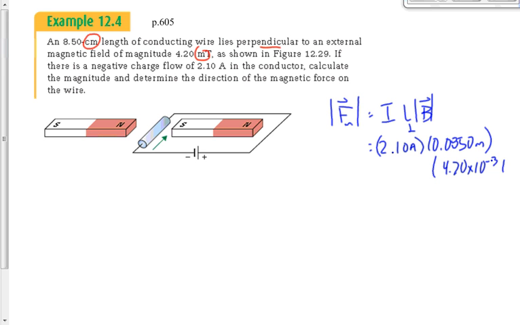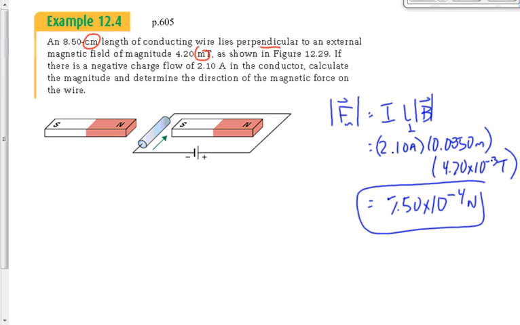If you don't remember what a milli is, then check your data sheet because it tells you it's 10 to the minus 3. We end up getting 7.4, works out to be 7.50 actually. 7.50 times 10 to the negative 4 newtons. Fraser?